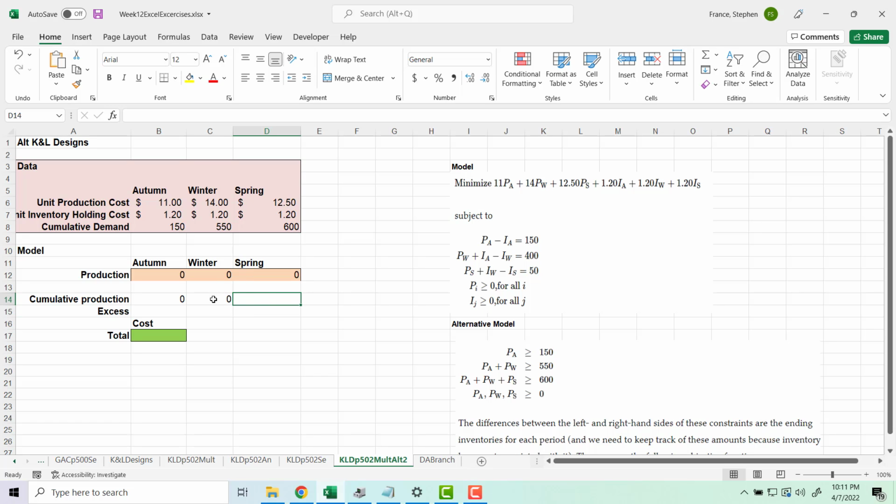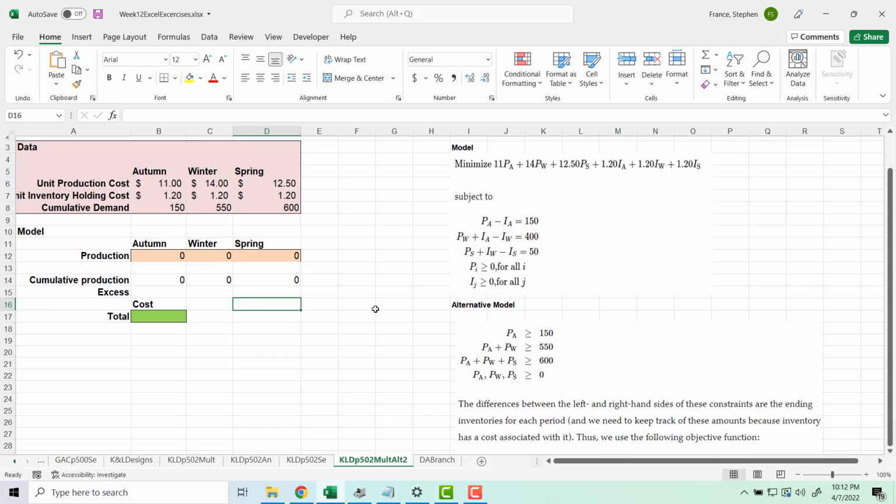And cumulative production in the spring, we could have just done a Control R, but this works just as well. So say, for example, we had 50, 50, 50. Okay, you get that. The cumulative has gone up by 50 each time.